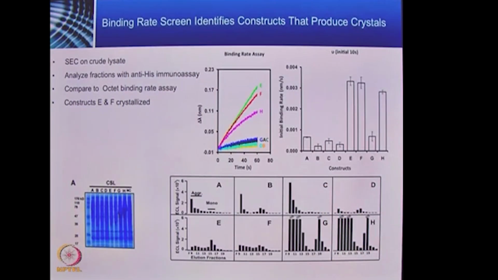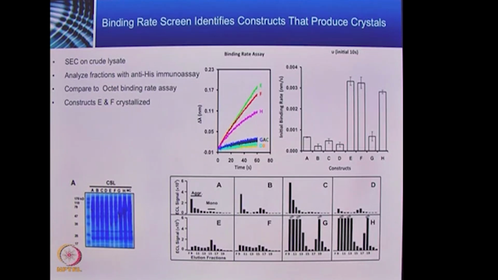So the researchers measured the initial binding rate of these constructs to the biosensor, and by calculating the initial binding rate, they can plot this data on this XY plot, as you can see on the upper right corner of the slide.